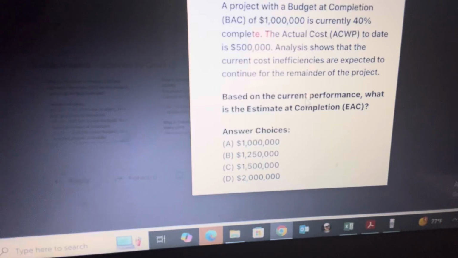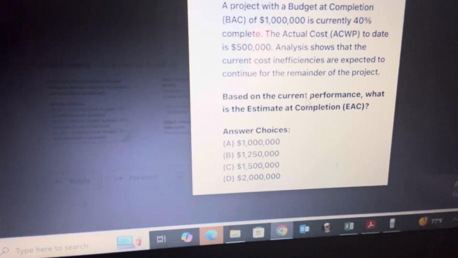So that's the work performed. The actual cost of work performed to date is $500,000. Analysis shows that the current cost inefficiencies are expected to continue for the remainder of the project. Based on the current performance, what is the estimate at completion?